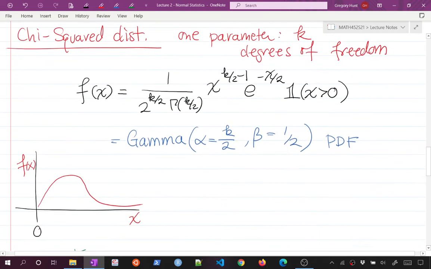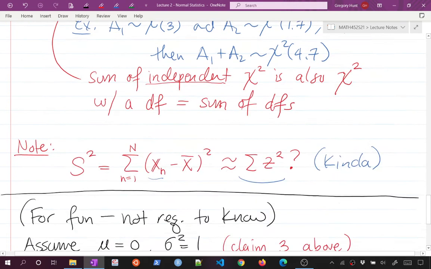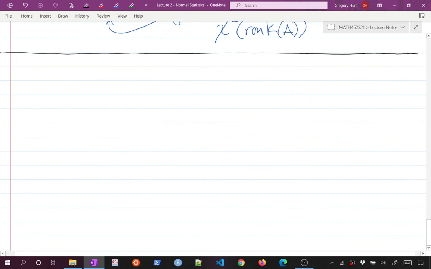Beyond the scope of the course, what isn't beyond the scope of the course are these facts. So I'm just going to say, know these. So we can look at some other related quantities. And so you may have seen some of these, say, in an introductory statistics course.